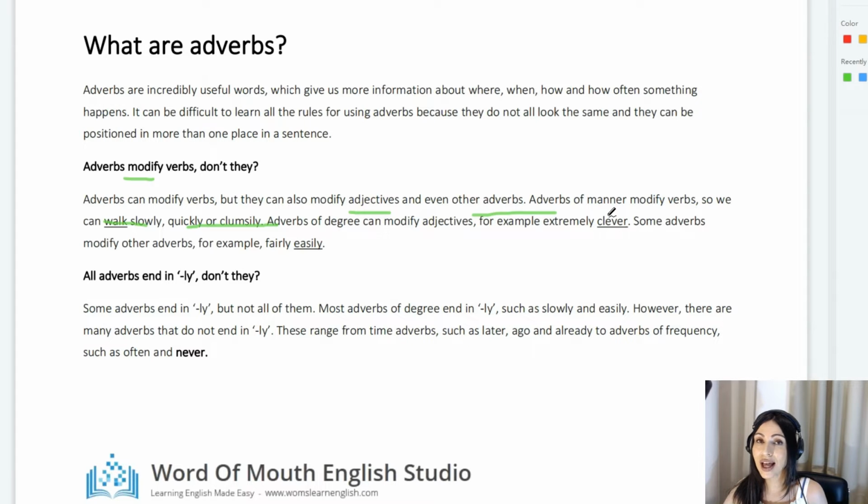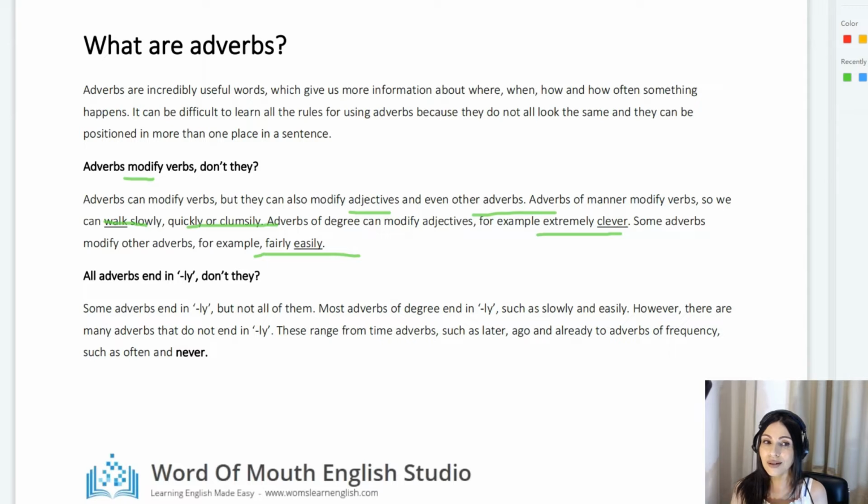Those are adverbs of manner that modify verbs, but for instance, adverbs of degree are different because when we say someone's extremely clever, we're not defining how they do something, but rather what type of person they are.